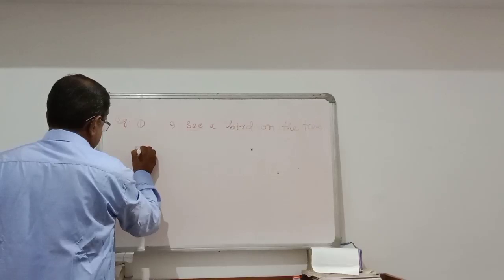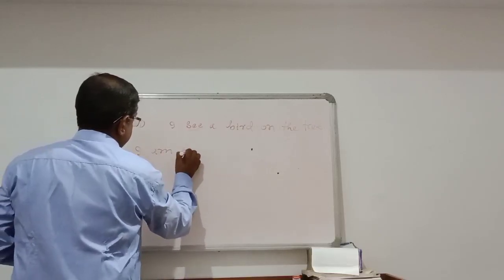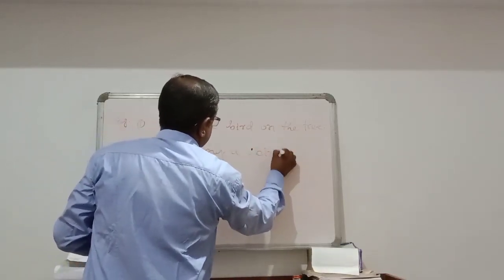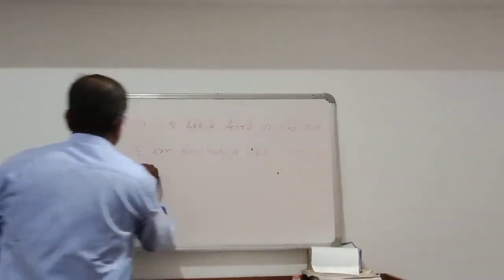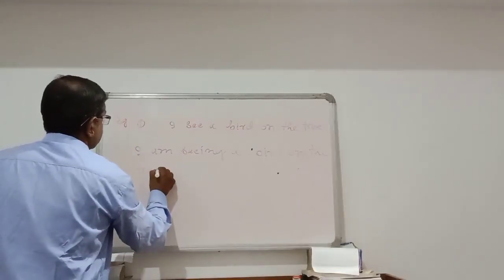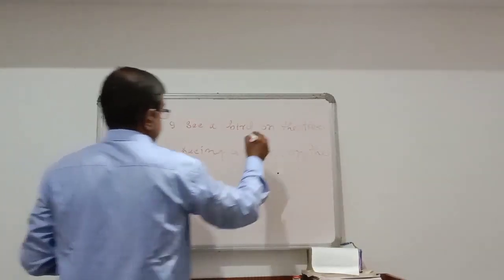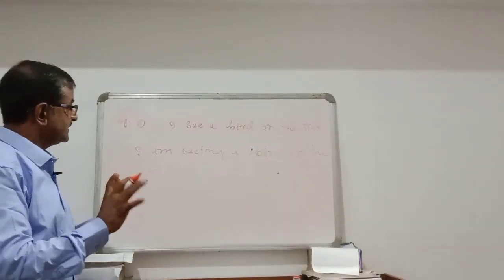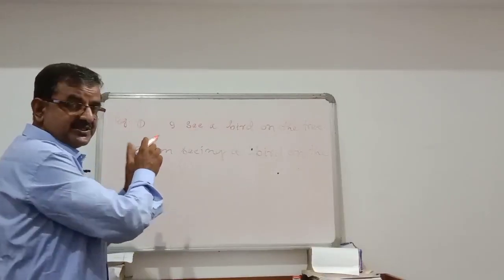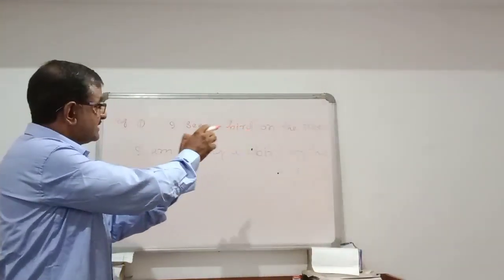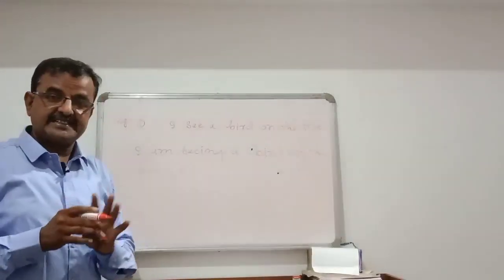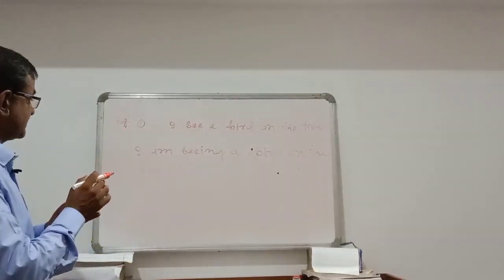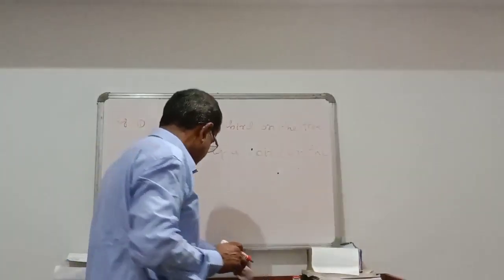So if you write it like I am seeing a bird on the tree, it is not correct. Hence we have seen that see is used as simple present tense, but the meaning may be present continuous tense. So, I see a bird on the tree. I am seeing a bird on the tree, it is not correct.